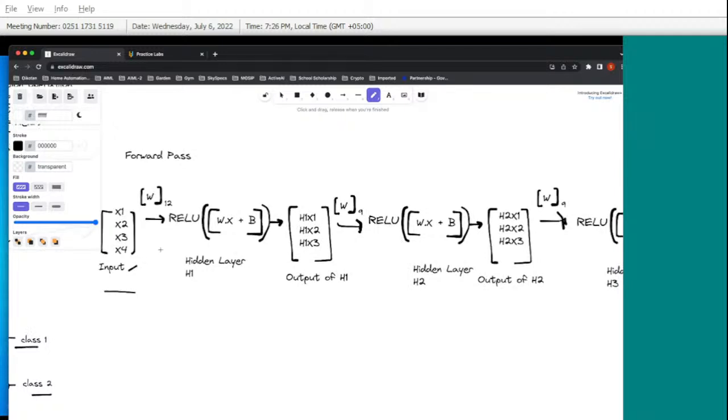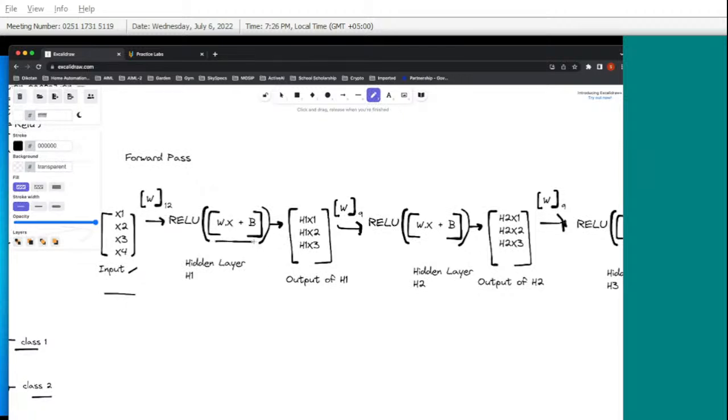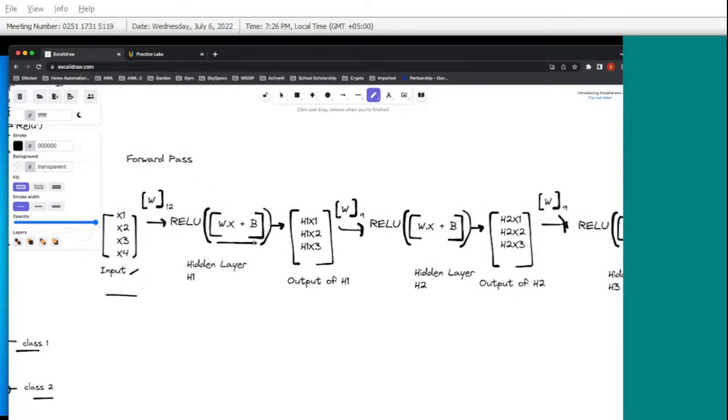Now first is my input. Then my hidden layer is actually an aggregation function: W dot x plus b, which is wrapped into the ReLU function. Do you understand this nomenclature? Can I represent my hidden layer like this?